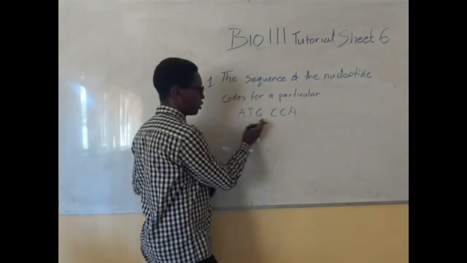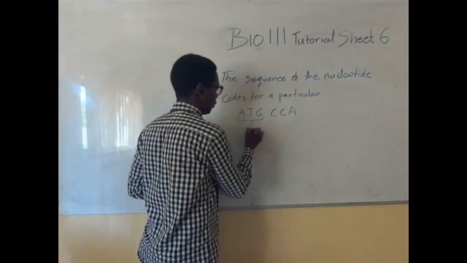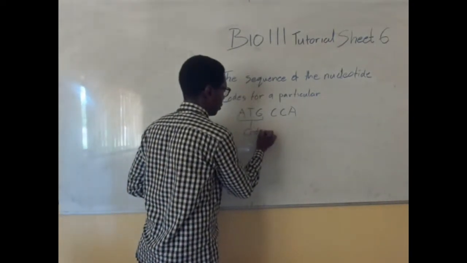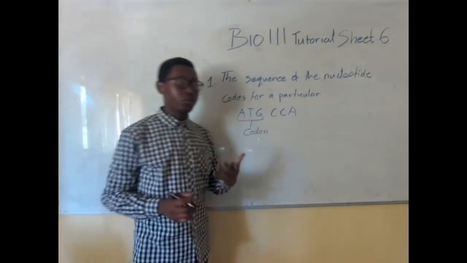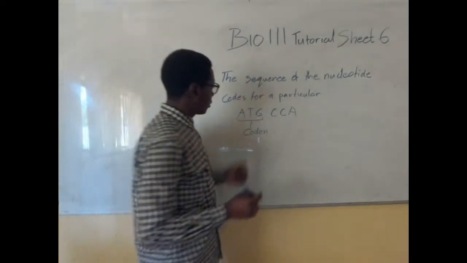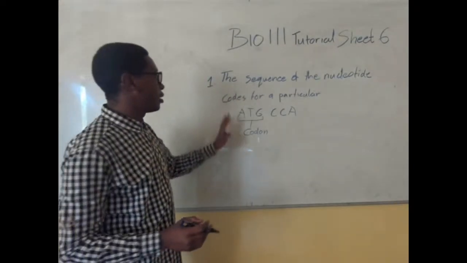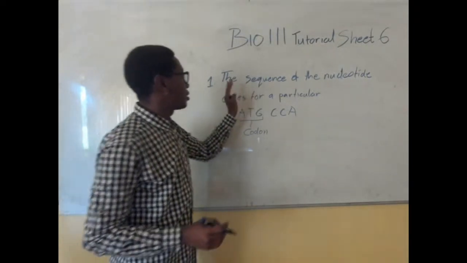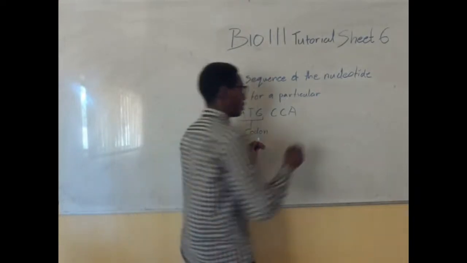Three nucleotides put together are referred to as a codon, because 3 nucleotides in a sequence will code for a particular protein. So the first significance is that the sequence of the nucleotides will code for a particular protein.